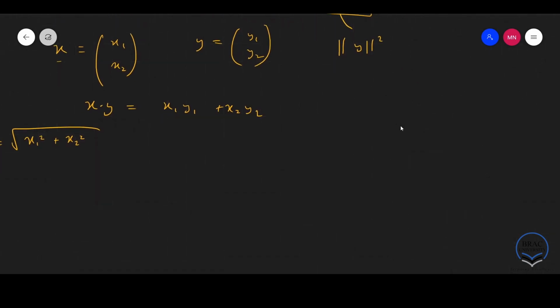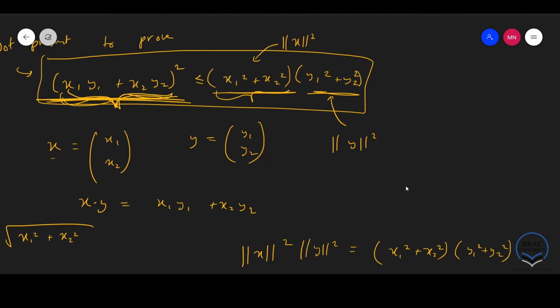So the product of the magnitude squared of x and y will just be equal to x1 squared plus x2 squared times y1 squared plus y2 squared, right? And this is just what we have on the right hand side here.